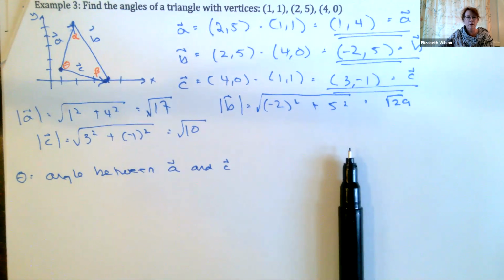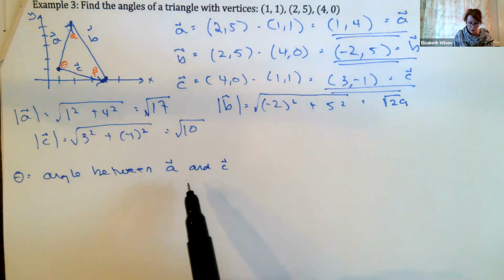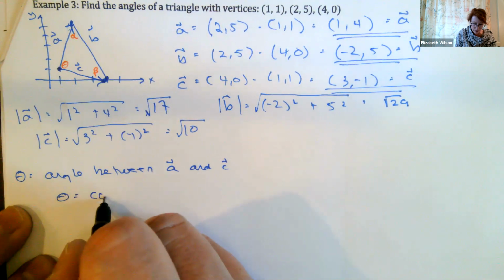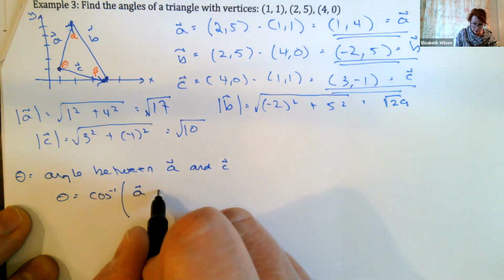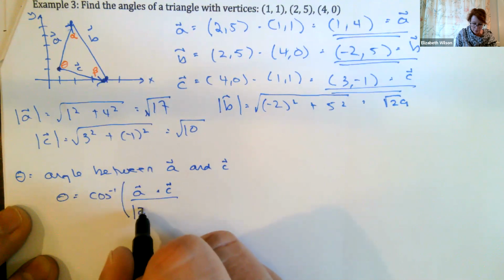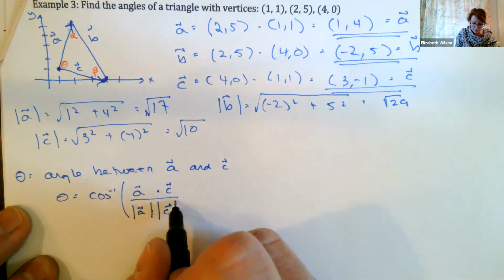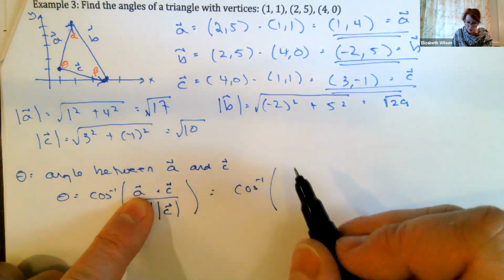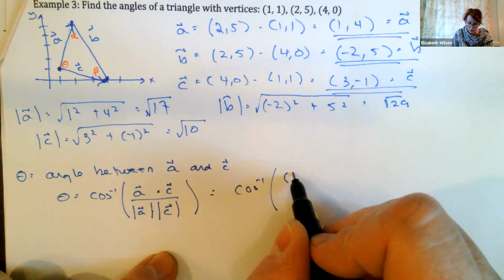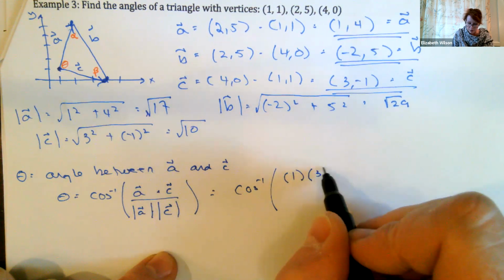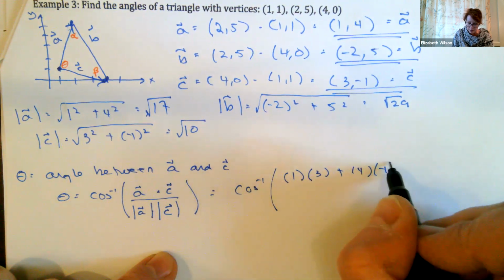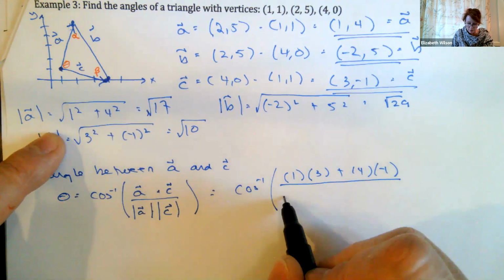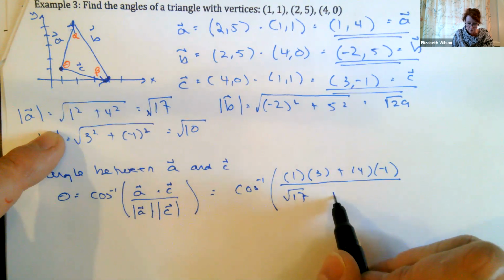Okay. I need to take the dot product, so theta equals inverse cosine of A dot C divided by the magnitude of A times the magnitude of C. Going back to the components, 1 times 3 plus 4 times minus 1 is my dot product, divided by my magnitude of A times my magnitude of C.